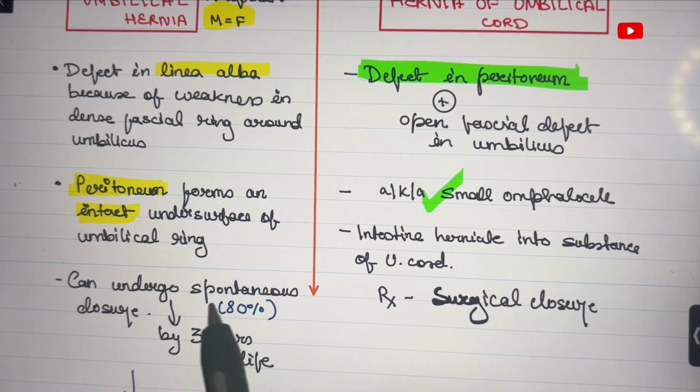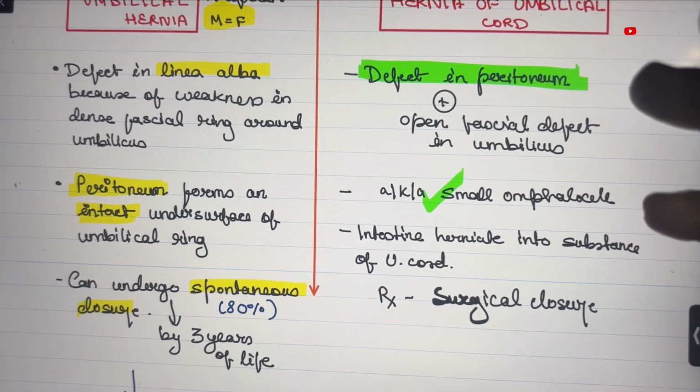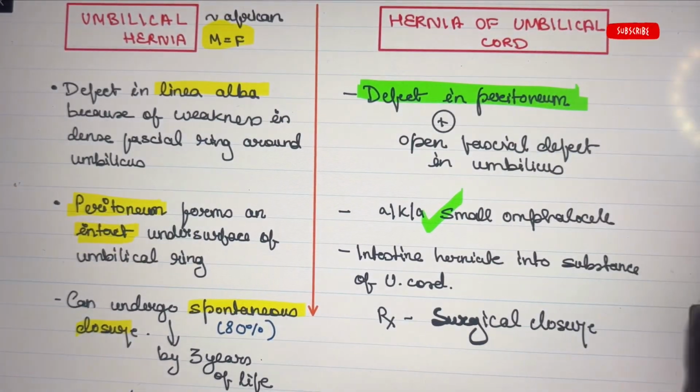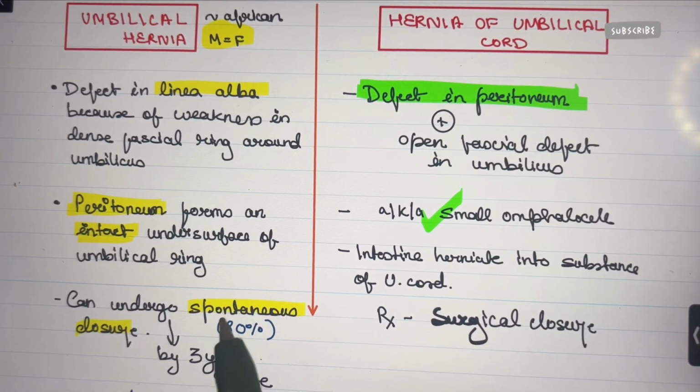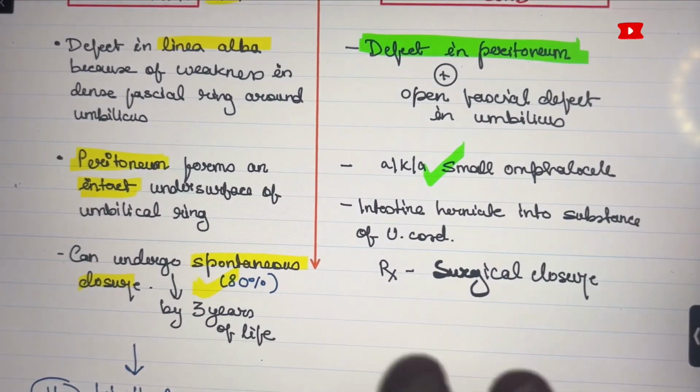And this undergoes spontaneous closure, unlike in cases of inguinal hernia or epigastric hernia, where surgery is needed to repair this. But this is the only hernia in child, which is umbilical hernia, which doesn't need a surgical closure. 80% of umbilical hernia resolves spontaneously by 3 or 4 years of life.